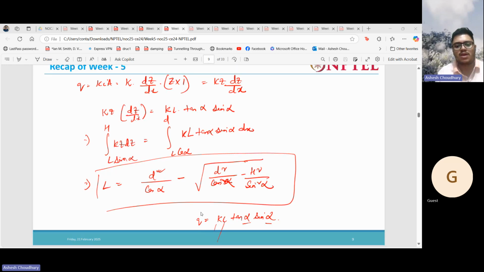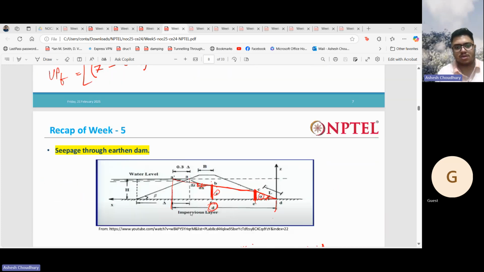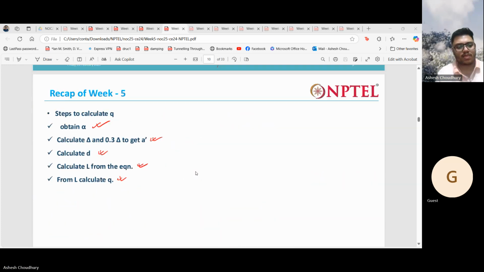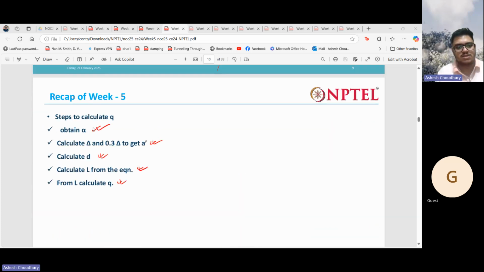Then you can get the seepage flow that is happening. So these are the various steps.